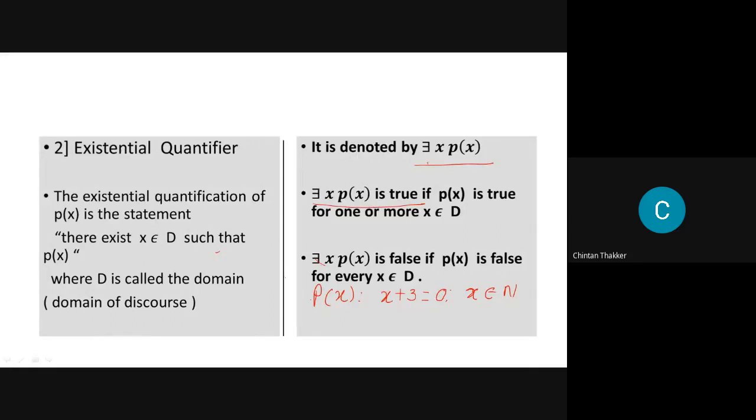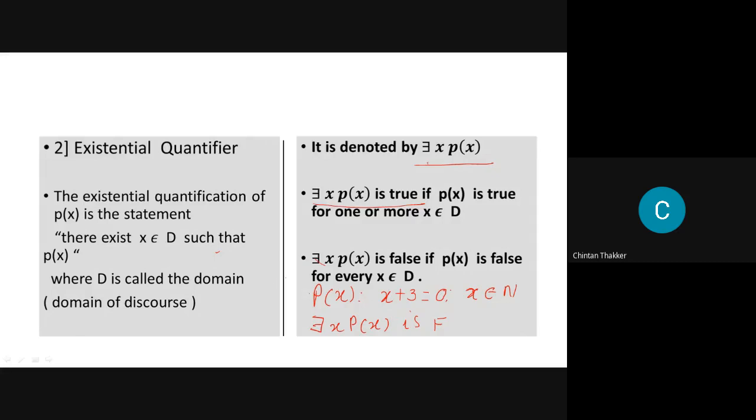So here there exists x, P of x is false because P of x is false for all x belongs to D.